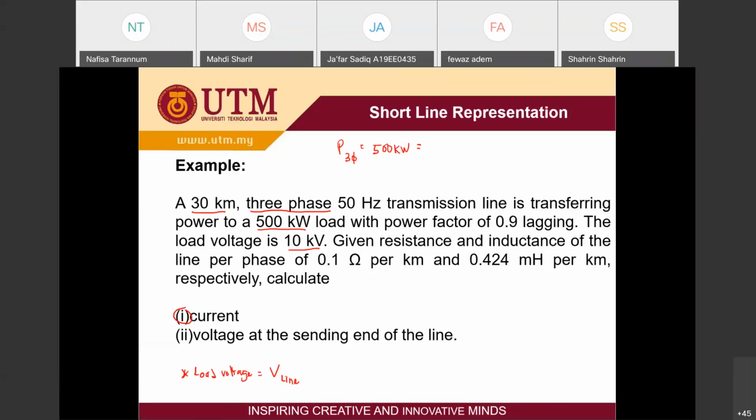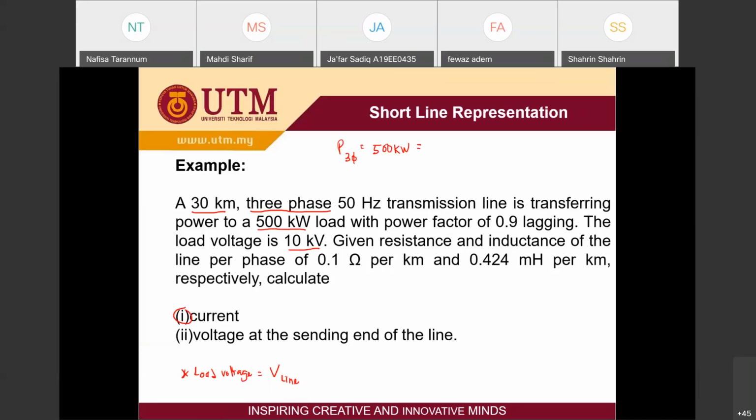It should be mentioned in the questions. I think this question is not complete. But please be noted that for this exercise, for this course, and for this topic, the load voltage given is always referred to as V line.